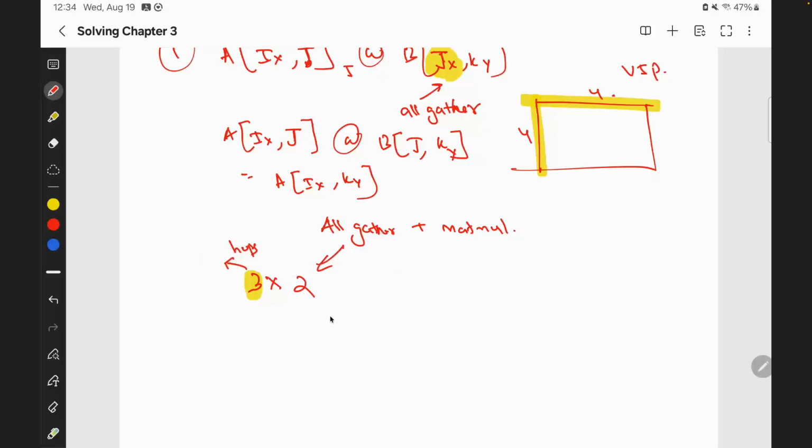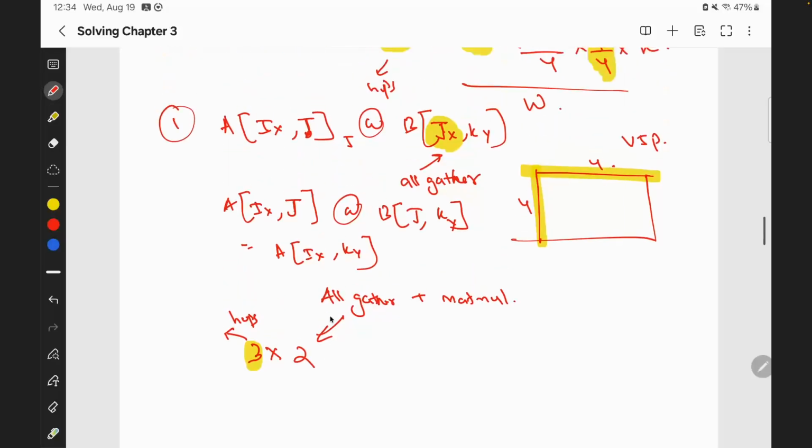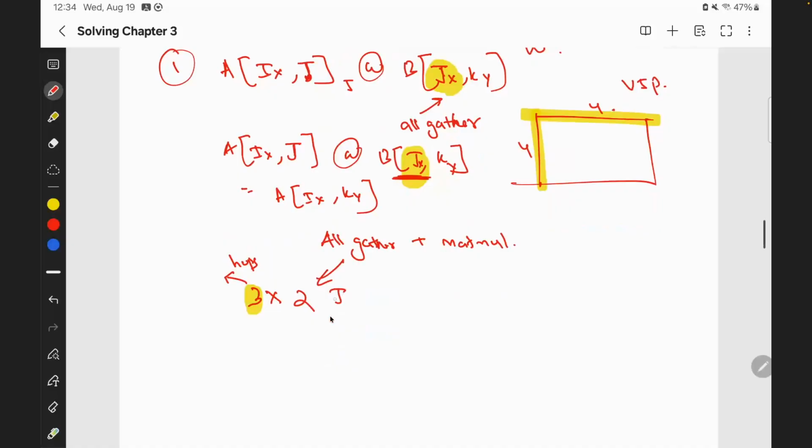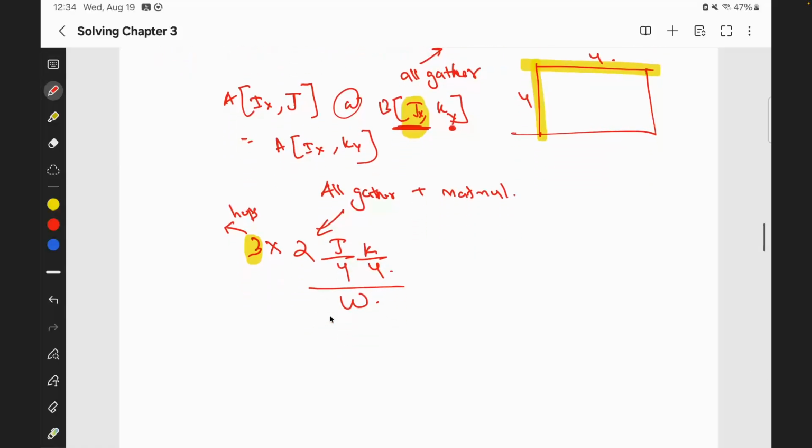Sorry, did I miss something? You have only ZX here. So you need to do an all gather only here. You need to do an all gather on Z by 4, comma K by 4, because K is also sharded, divided by the bandwidth. So this is your communication for doing an all gather.